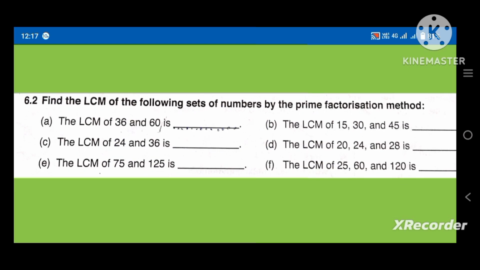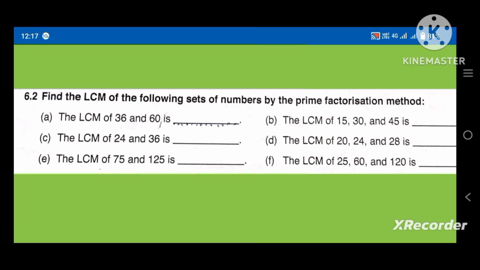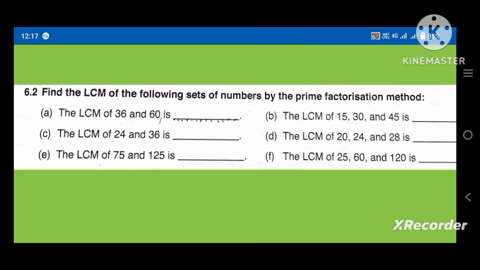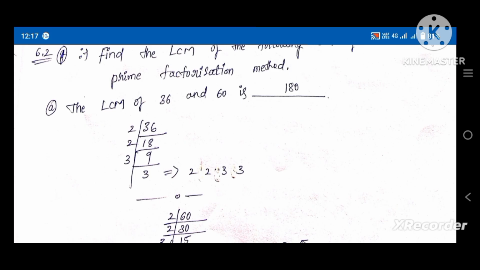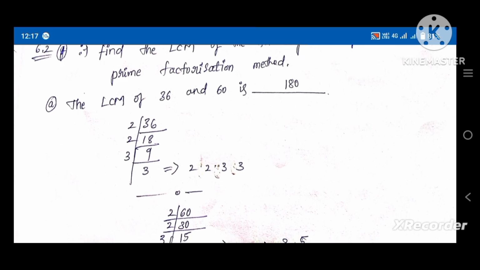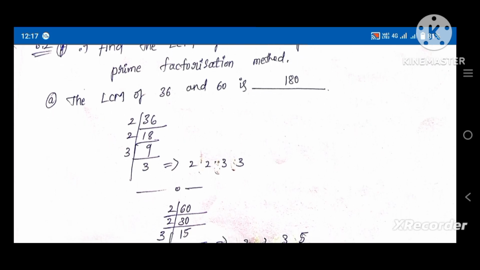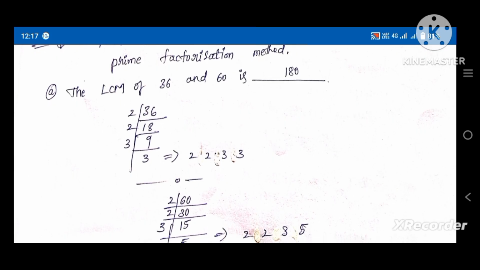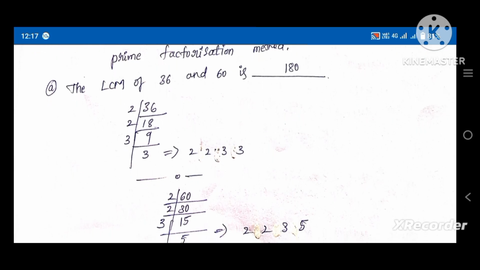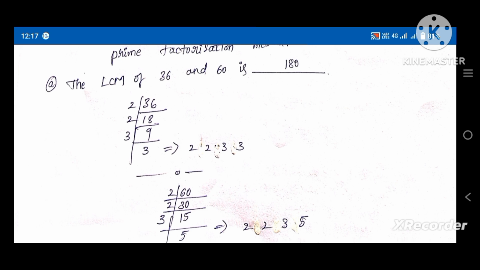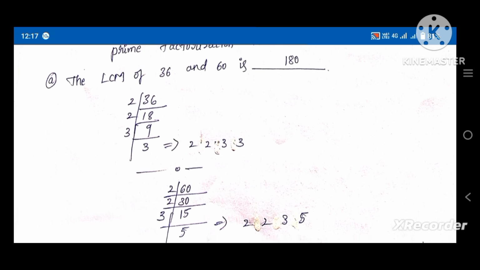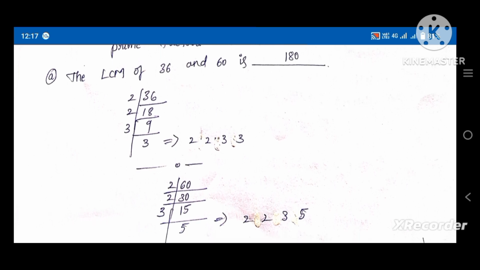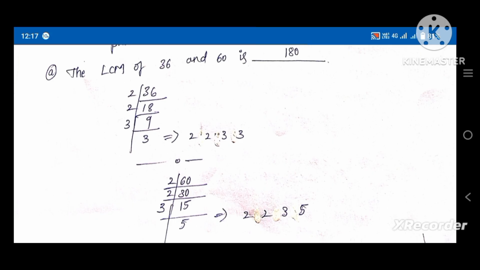6.2 Find the LCM of the following sets of numbers by the prime factorization method. A. The LCM of 36 and 60 is 180. Factors of 36: divide by 2, the factors are 2, 2, 3, 3. The factors of 60 are 2, 2, 3, 5.